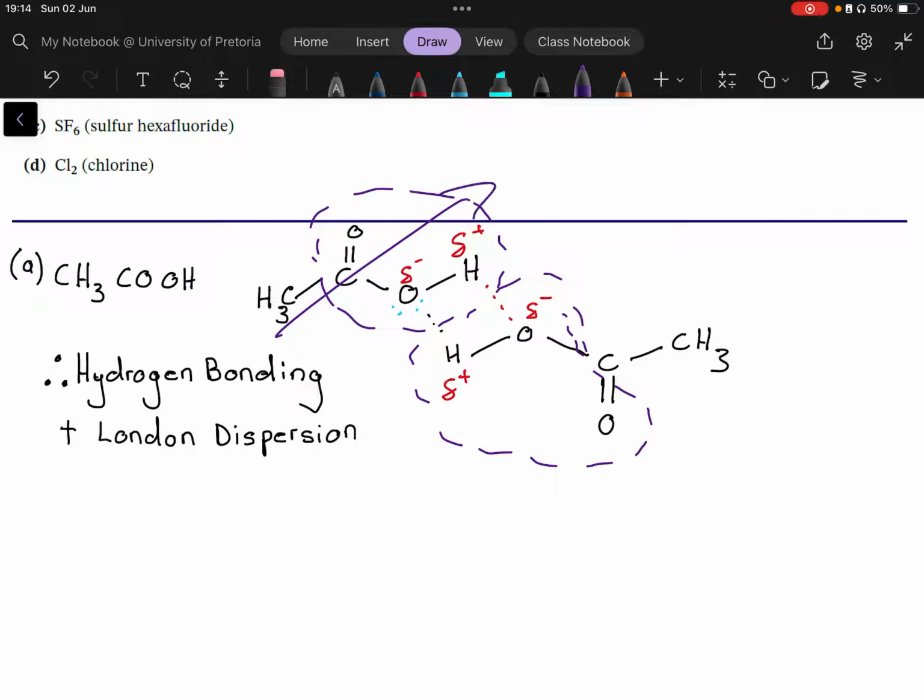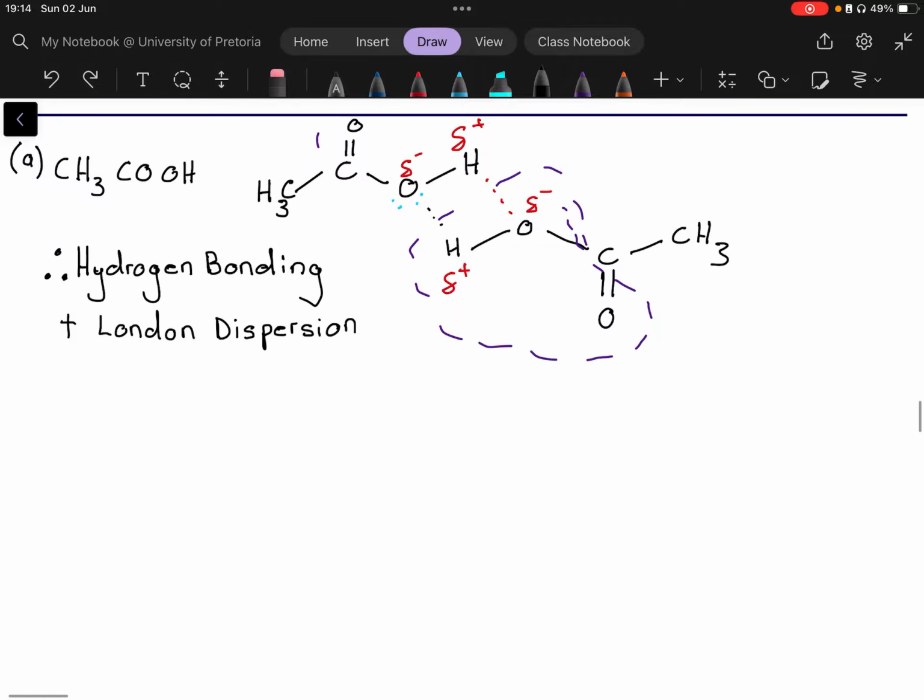In other words, there will be a definite dipole moment for each of these two. So that means we also have dipole-dipole forces.